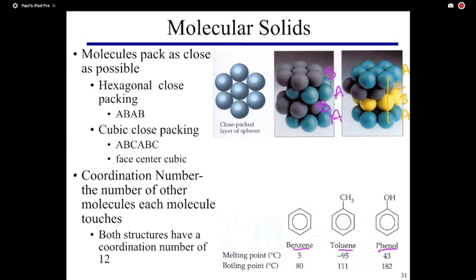Would it be the benzene? Not benzene. Look at the melting point, the least amount of energy. Boiling point is the most amount of energy. Toluene will melt first, and it melts significantly different, 100 degrees below benzene.